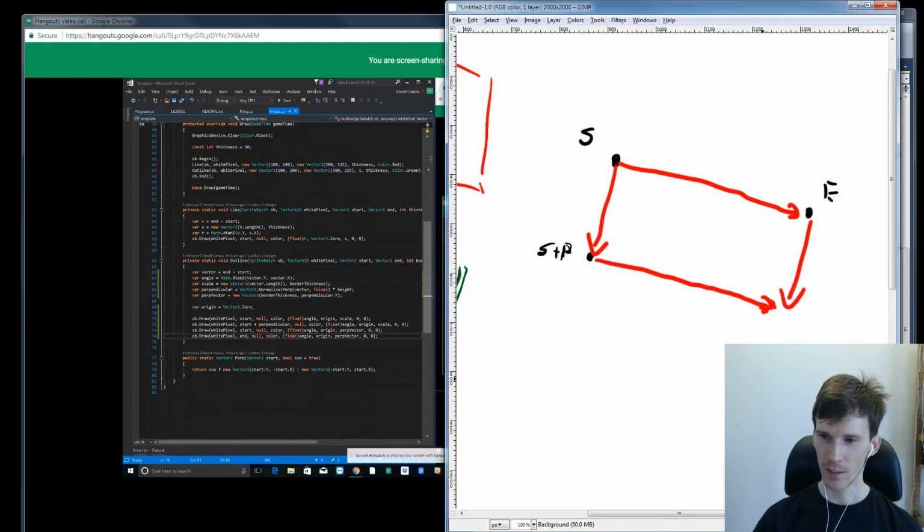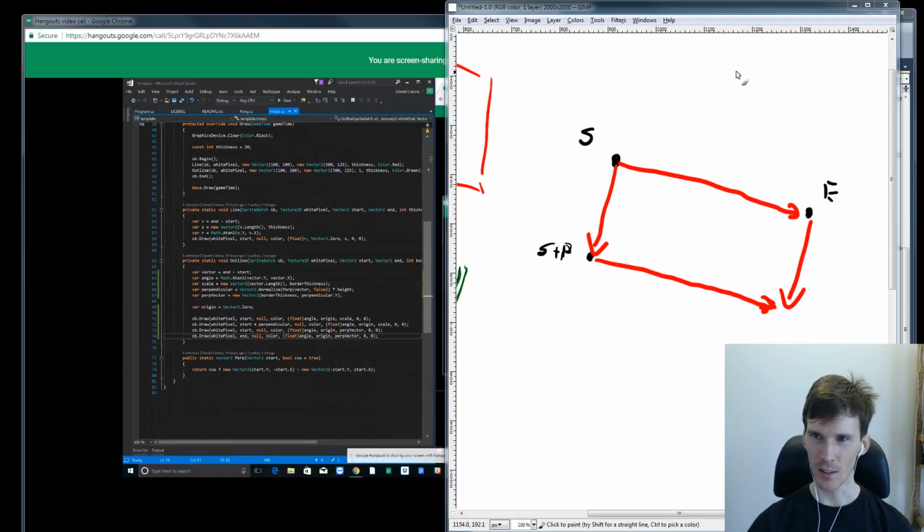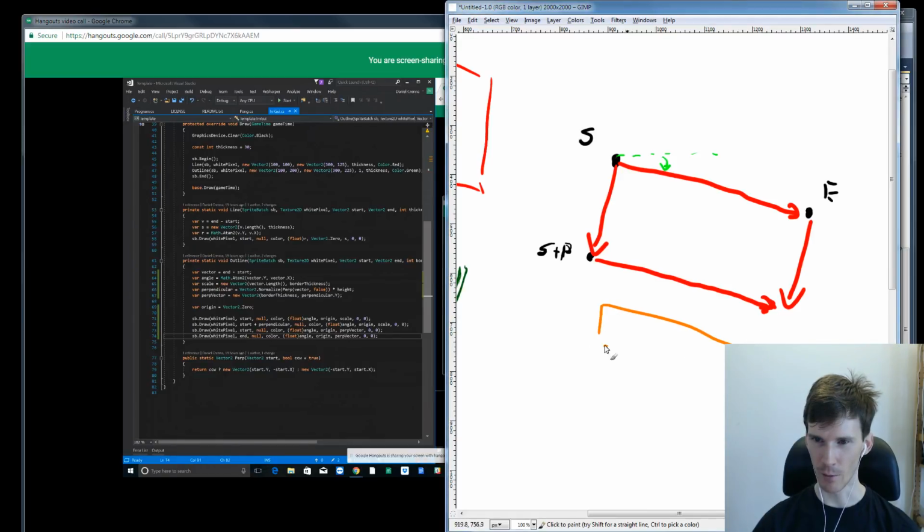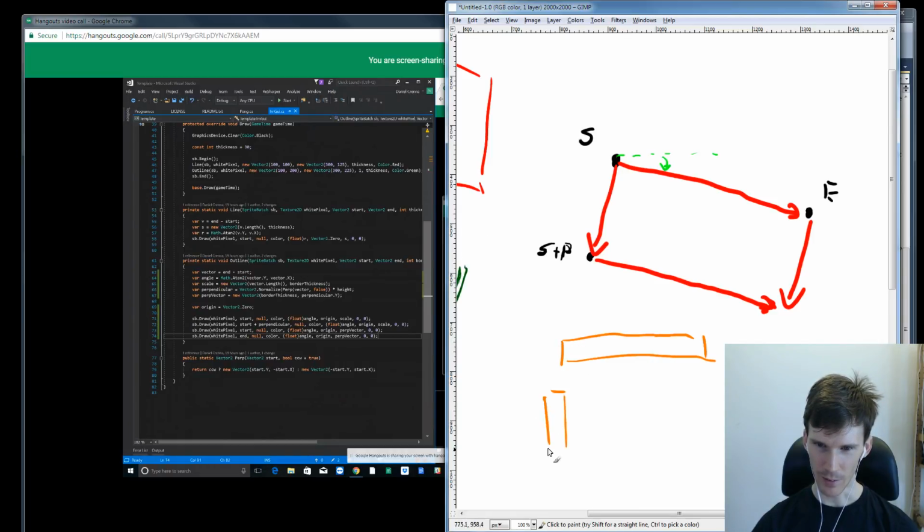Right. And in all of these cases, they're using the same angle. Yes, you've got the angle here, and you're rotating around there, but you're using basically two different textures. You've got one that goes that way, and one that goes that way, and you're then rotating them both by the same angle into place.